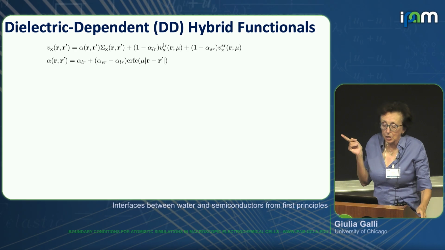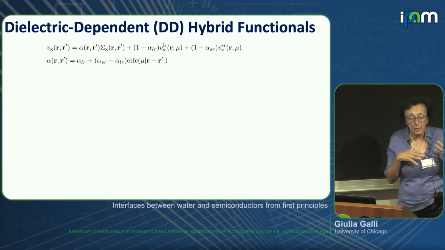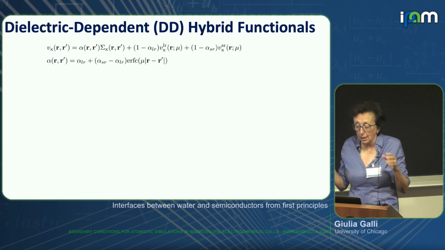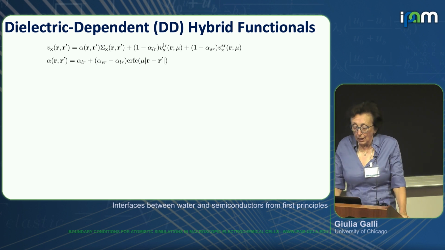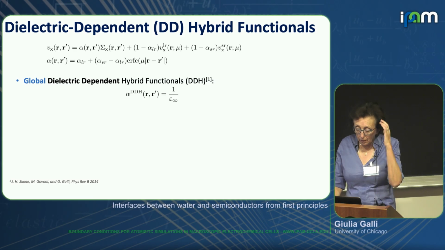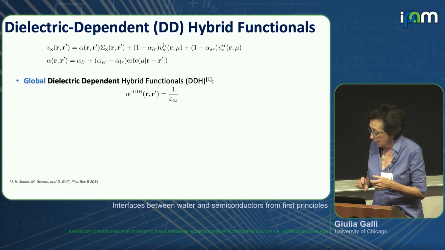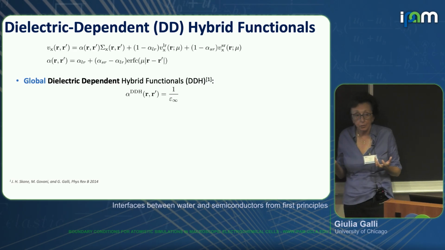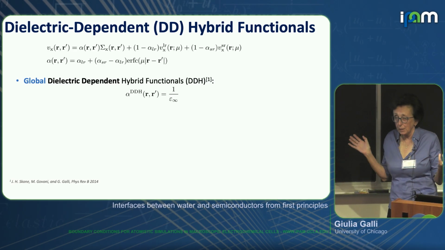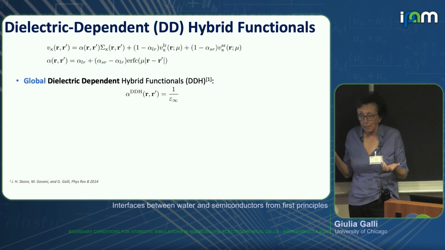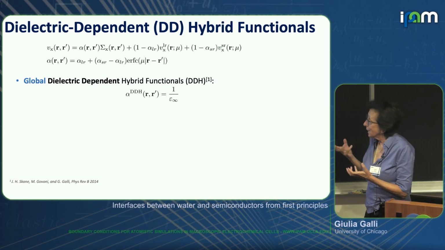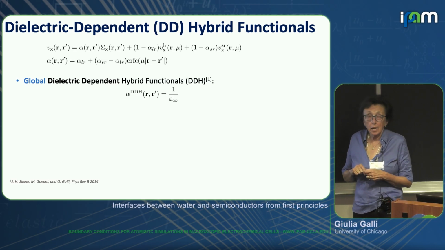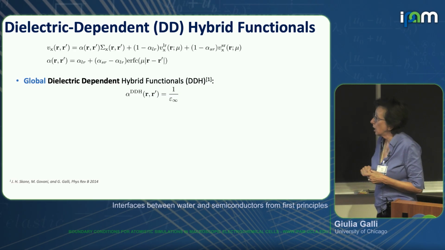So this is the exchange potential that enters the Kohn-Sham equation, that we split into long range and short range. One thing that we started using 10 years ago is a mixing fraction between local and Hartree-Fock. And if you are not familiar with the words I say, I can explain them. As a mixing fraction, we use the inverse of the dielectric constant.